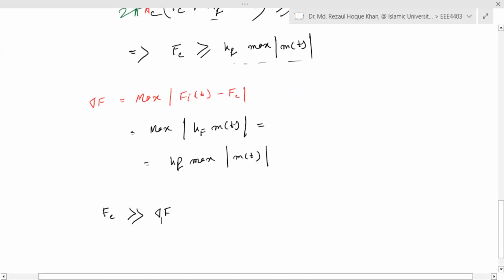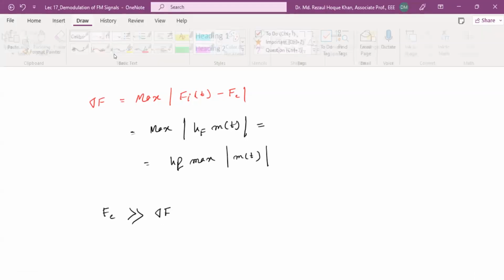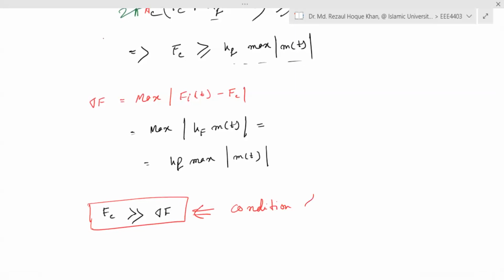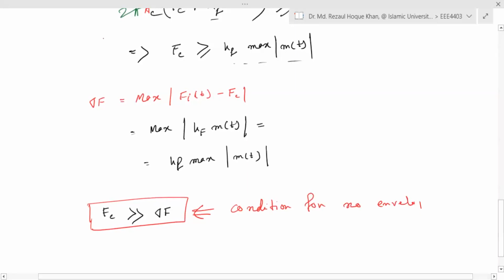This is the condition for no envelope distortion, where the carrier frequency is much higher than the maximum frequency deviation.